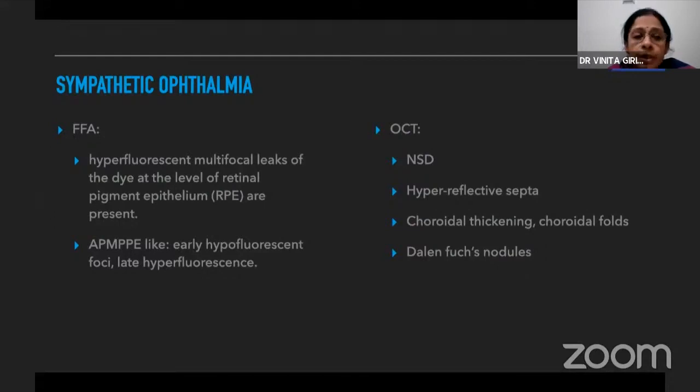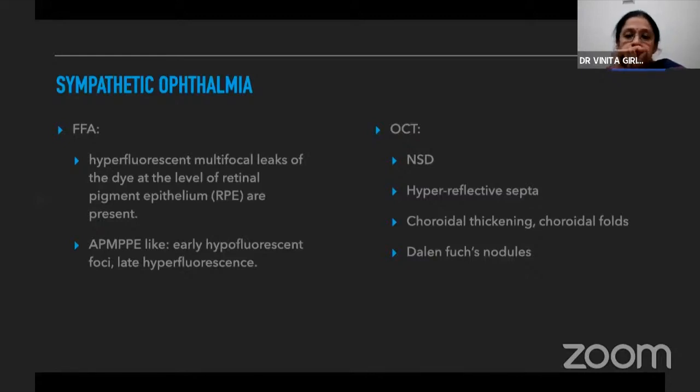If you look at sympathetic ophthalmia, the fluorescein angiography picture is very different. There are hyperfluorescent multifocal leaks at the level of the RPE, or it can be an early hypofluorescent or a late hyperfluorescence foci. On OCT, the retinal detachment in sympathetic ophthalmia has hyperreflective septa separating it.